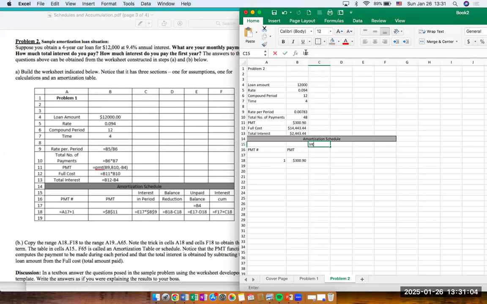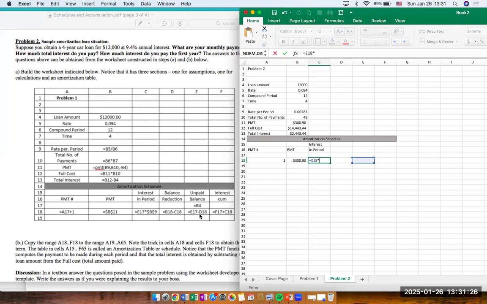Then it says your interest in period. Your interest in your period is equal to E17, which there's nothing in here currently, and that's okay. We're still going to click it, times, and then we're going to take that value, which E17 is talking about, your unpaid balance.